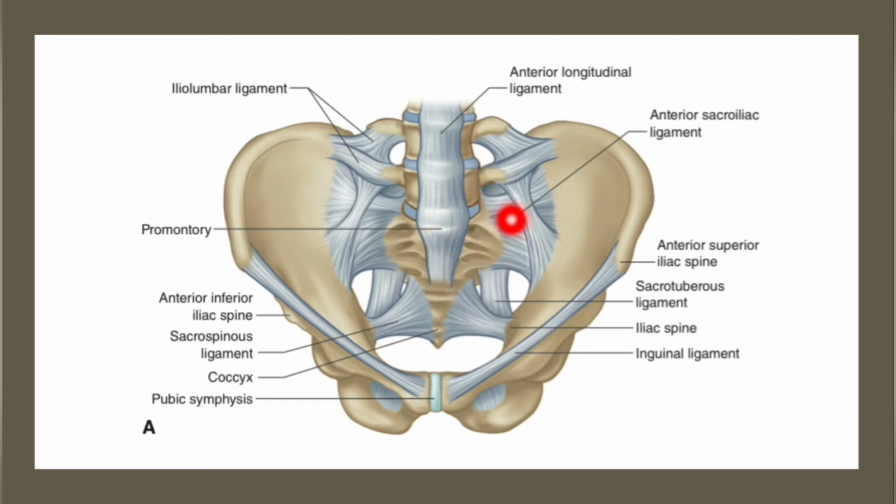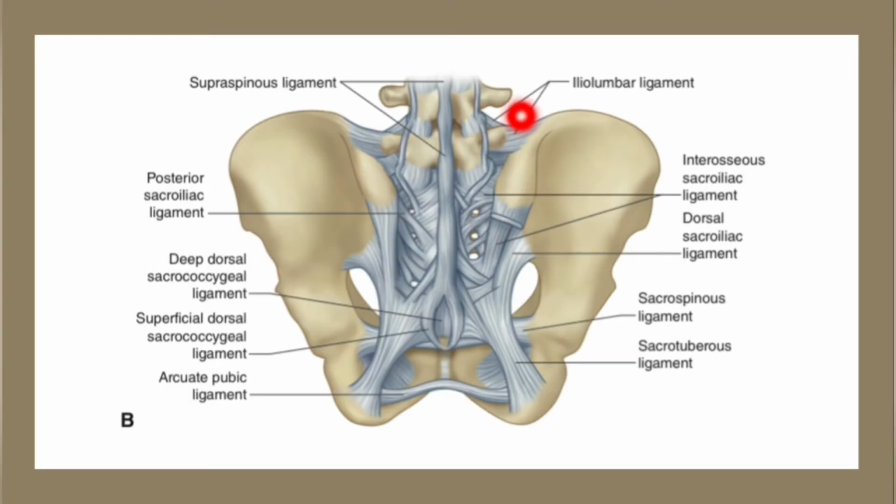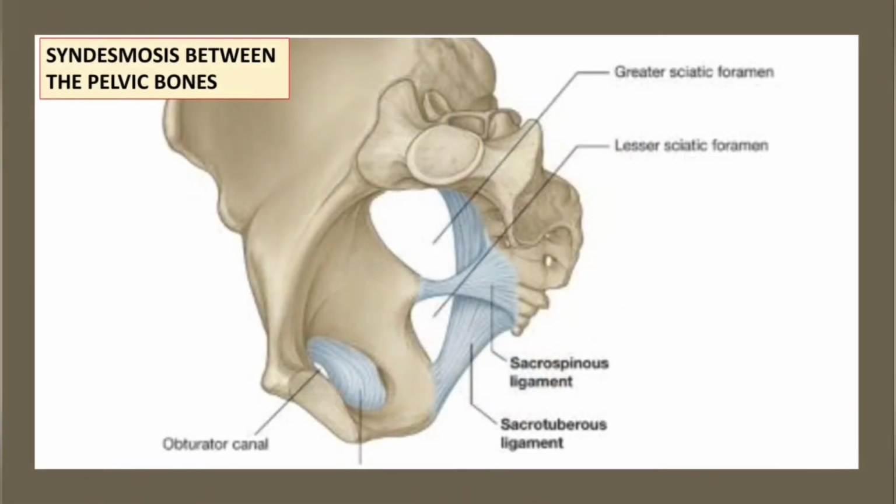I'm going to show you the back side. The back side, you can see here the iliolumbar ligaments. Now you see the interosseous sacroiliac ligament here, and then the posterior sacroiliac ligaments. We'll look at others in the next view.